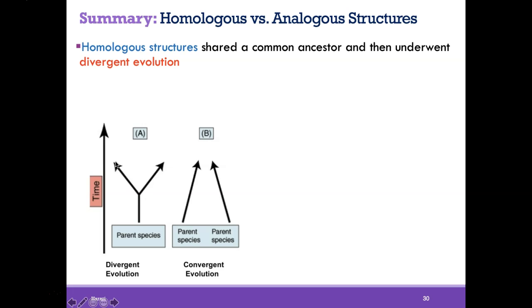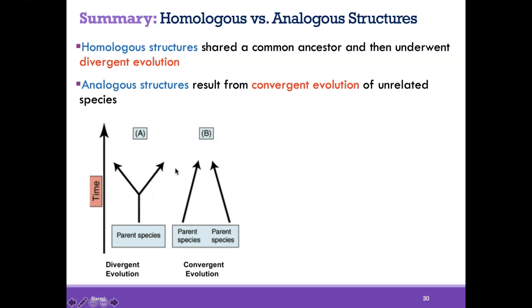Their skeleton got modified in a different way than the human skeleton. But if we were to look at the anatomy of a whale and the anatomy of a human, we'd see a lot of similarities because they have a common developmental pathway. They just diverged over time.